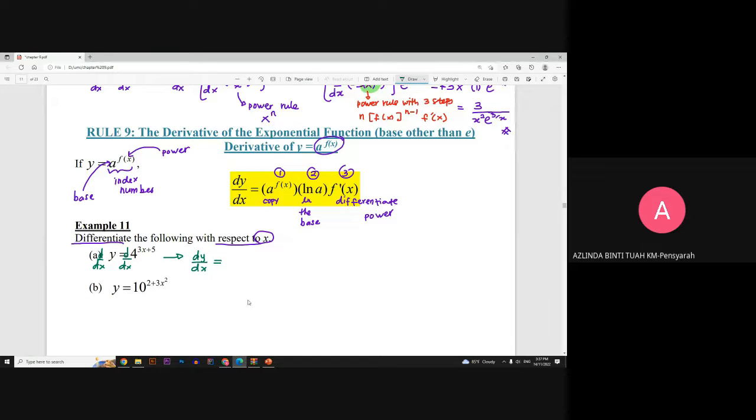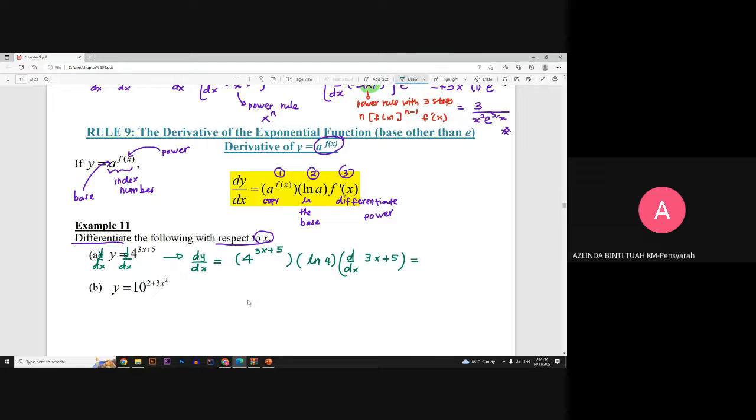First, copy the question, the index number, then ln the base 4, then differentiate the power. What is the power? 3x plus 5.